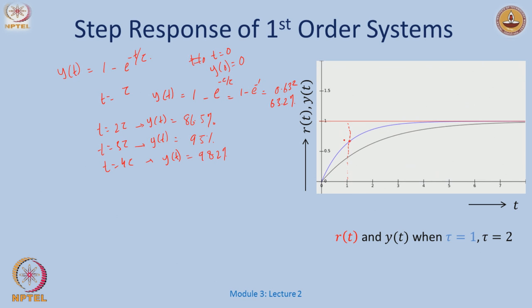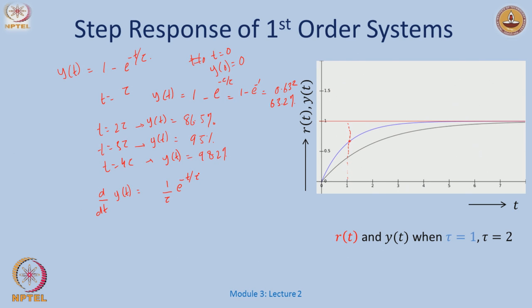A few things to observe here. Let us see what decides who goes fast and who goes slow. So let us try to differentiate this signal. I have d over dt of y of t, which is 1 over tau e power minus t by tau.